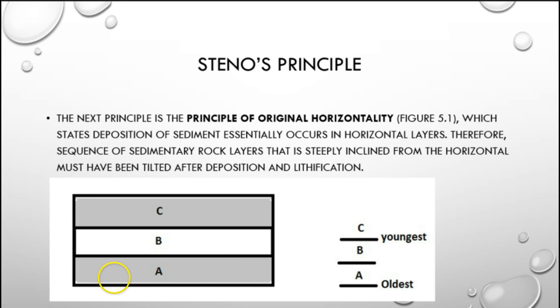So looking here, these follow the original horizontality. Layer A, followed by layer B, followed by layer C, are all laid down in a horizontal fashion. If they had in any way been tilted or tipped upward, then we know that an event had interfered with the samples after they were deposited.